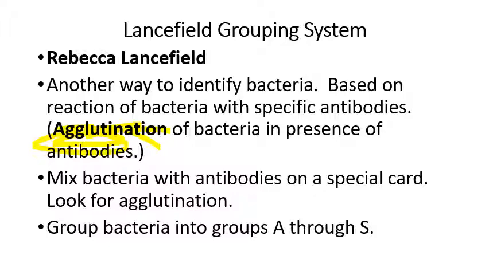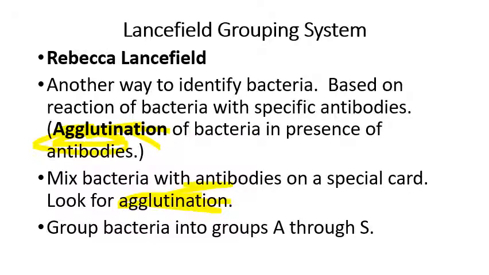You actually buy the Lancefield grouping kit. They send you a little box with bottles filled with droppers, and each of those bottles contains a different antibody. And so you mix each of those antibodies with the bacteria to see which antibodies cause the bacteria to form clumps, or to agglutinate.